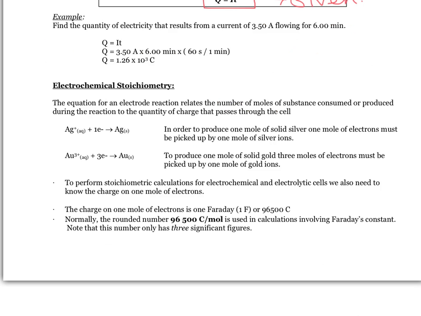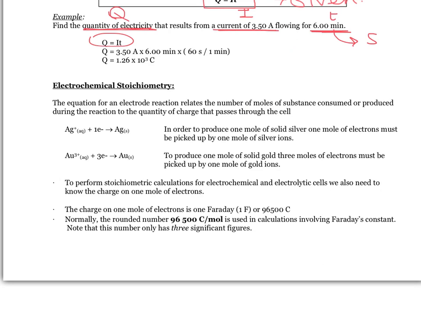For example, find the quantity of electricity that results from a current of 3.50 amps flowing for 6 minutes. So when they say find the quantity of electricity, they're looking for Q. When given a current, that is I, and any sort of time, T, we just need to make sure that we convert it to seconds first.